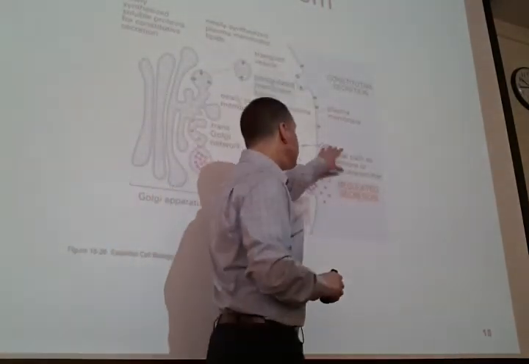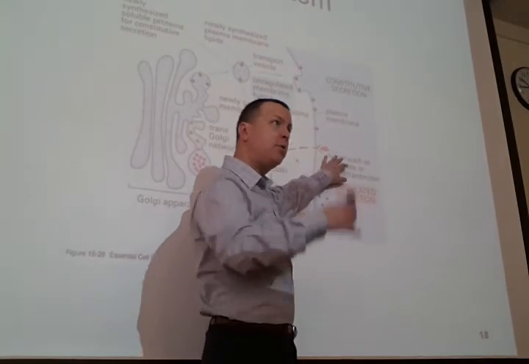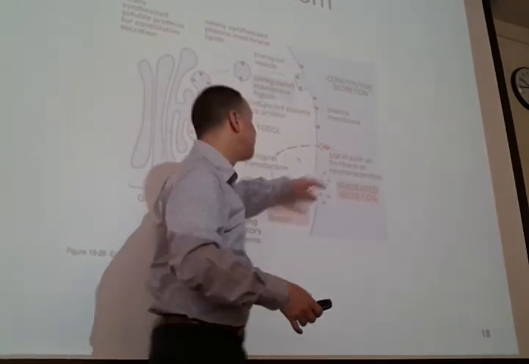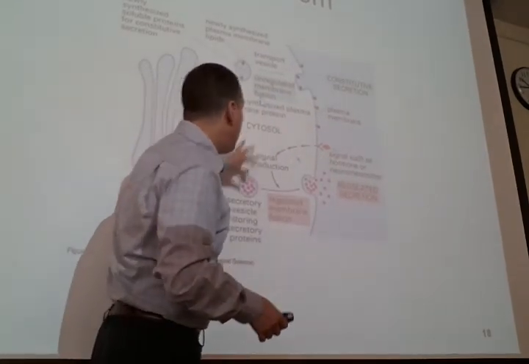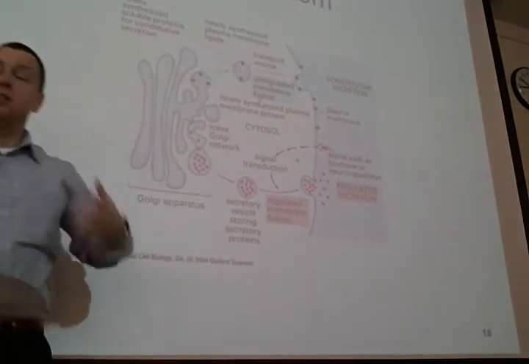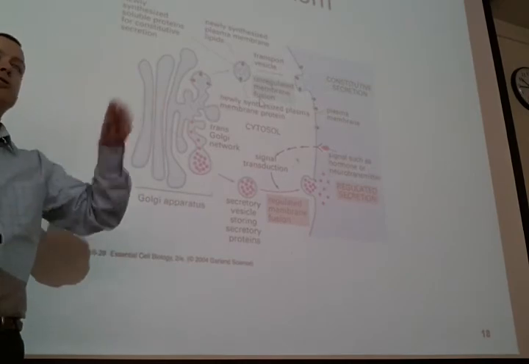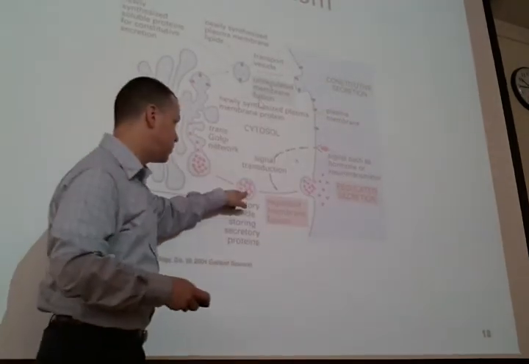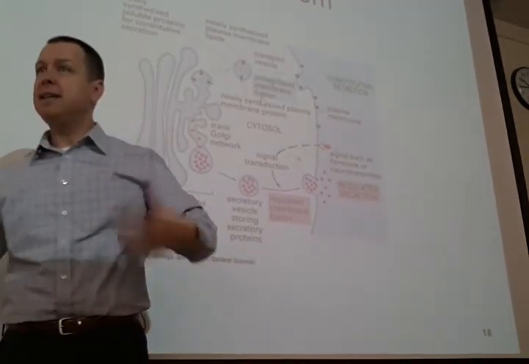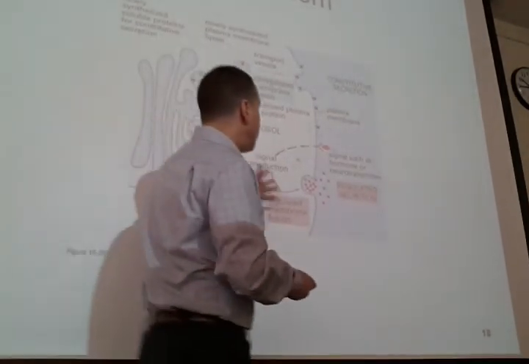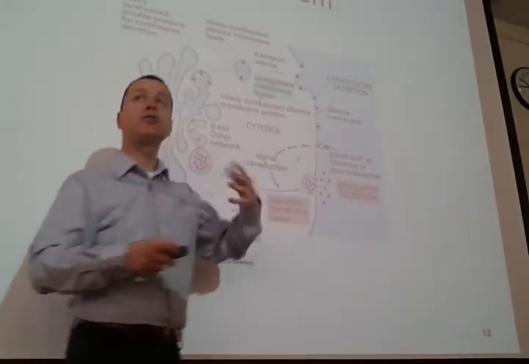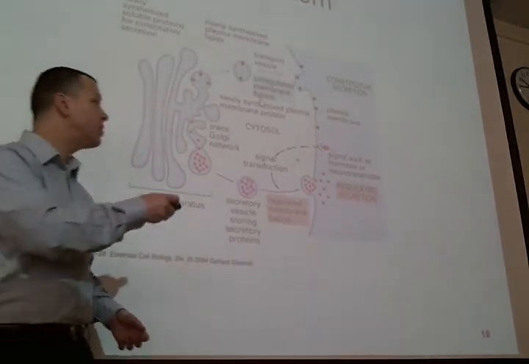The sugar, through a signaling mechanism that we'll study in another week or two, tells your pancreas cells, hey, here's a bunch of sugar coming your way, secrete some insulin to tell the rest of the body that it's coming along. So things like insulin that are only secreted under certain circumstances is what's called regulated secretion.